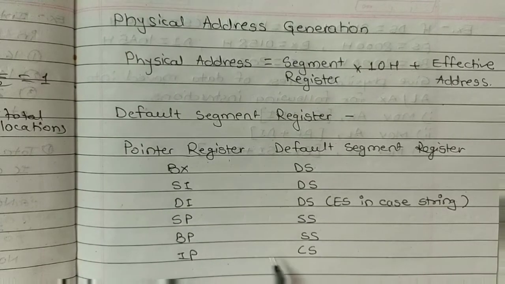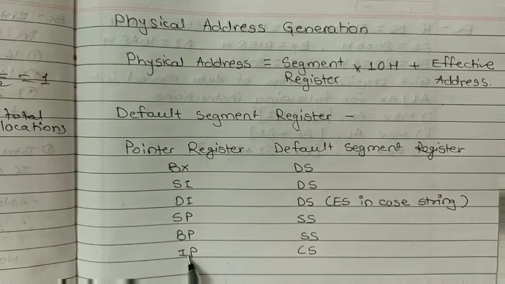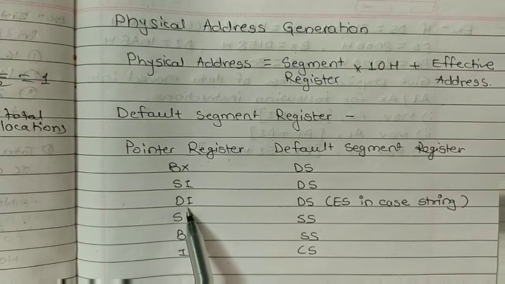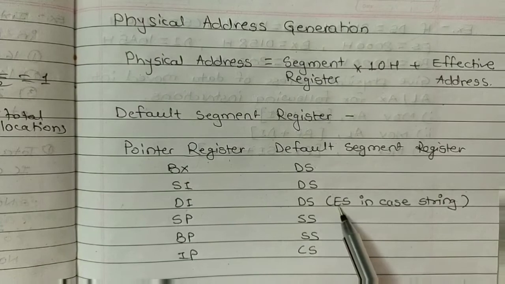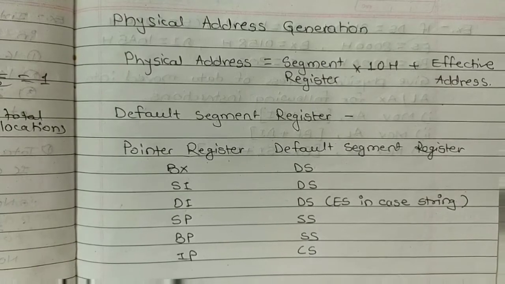And for CS, that is code segment, we have pointer register as IP. This pointer register DI we have to use in case of extra segment for string operations. So this table will be very useful while calculation of physical address.